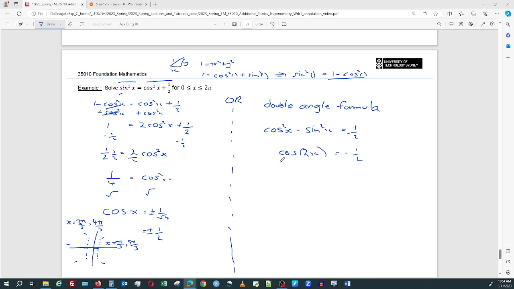So for this one, we can just use the U formula. Just an alternative way of doing this.